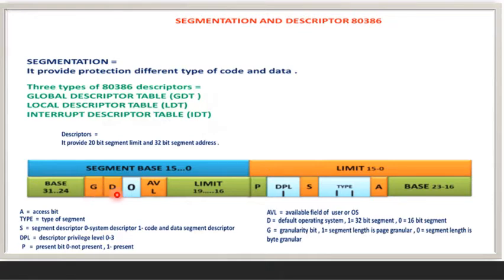D is the default operation size. When D is equal to 1, it is for 32-bit segmentation. When it is equal to 0, it is for 16-bit segmentation. And AVL is the available field for the user or operating system.